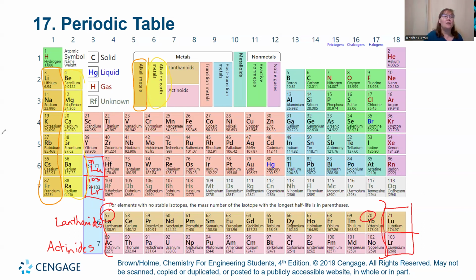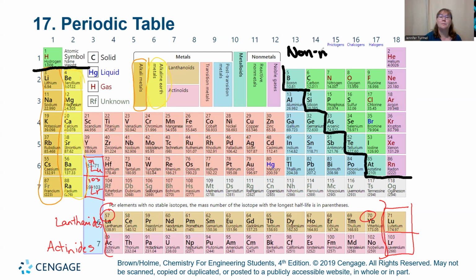The next thing that I want you to do also is let's take a look and draw on your periodic table your metals line. All right, and your metals line is going to go right in here. Like that. Okay, so everything over here plus hydrogen, these are all nonmetals.